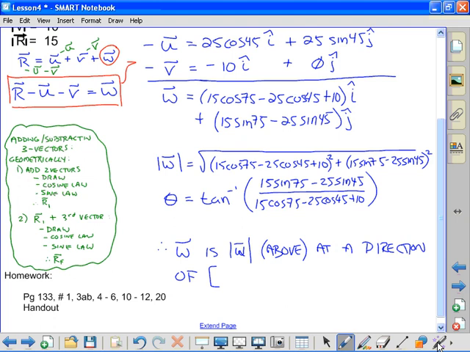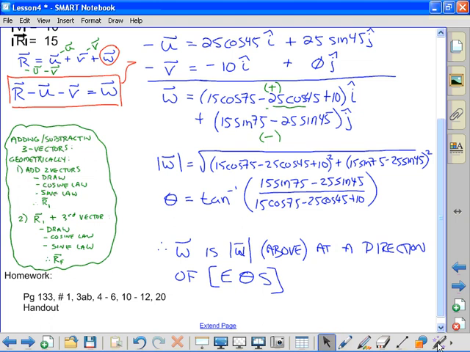So 15 cos 75 minus 25 cos 45. I'm going to say it's going to be a positive value because I'm only subtracting one value. And again, it's an estimate. In the end, it'll work out because I'm looking at your process. The other one, 15 sine 75 minus 25 sine 45, I'm going to say that's going to be a negative value. So my guesstimate in this case will be it was going east, and I rotated theta from above, so it's already been defined, south. Okay?